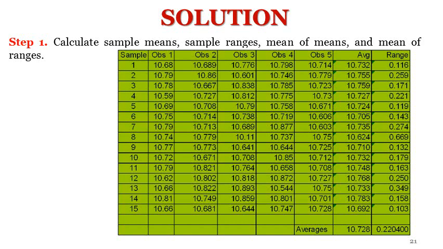For sample 1, the average means X bar, and the range means R. Like that we need to measure X bar for 15 samples and R for 15 samples. Then we find the averages: X double bar equals 10.728 and R bar equals 0.22.